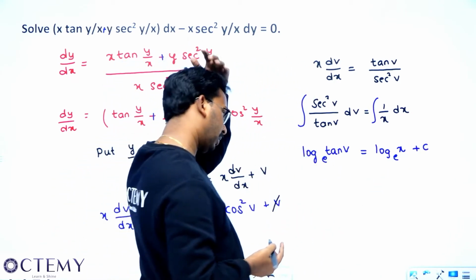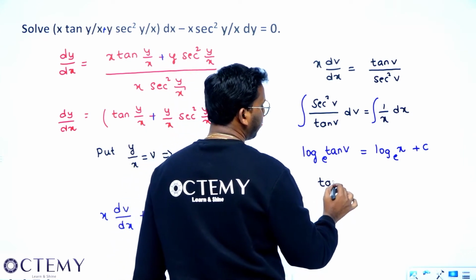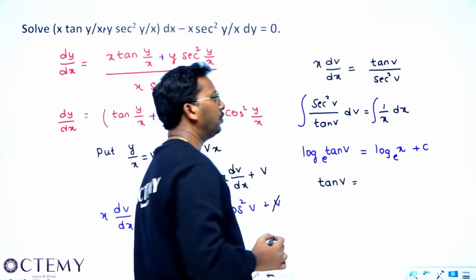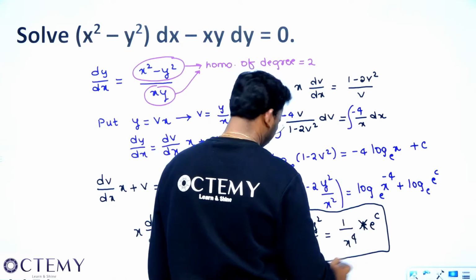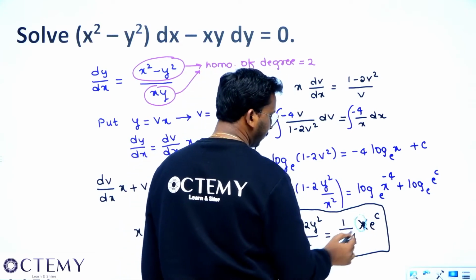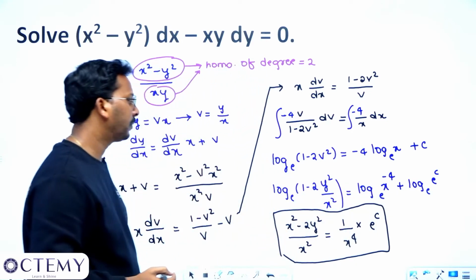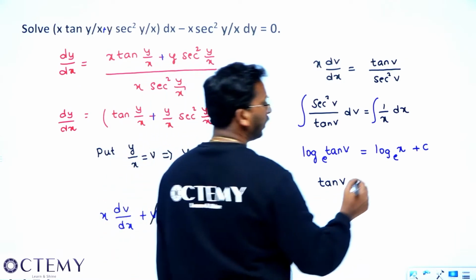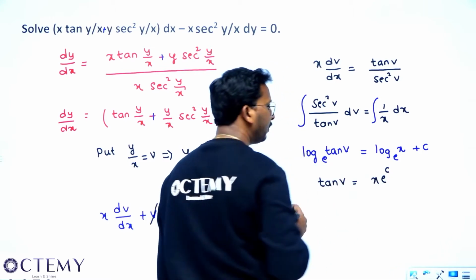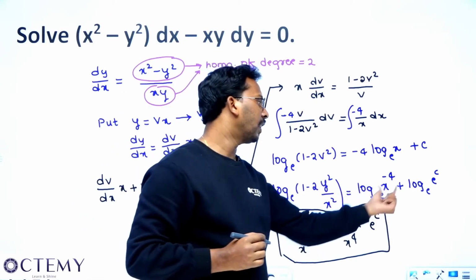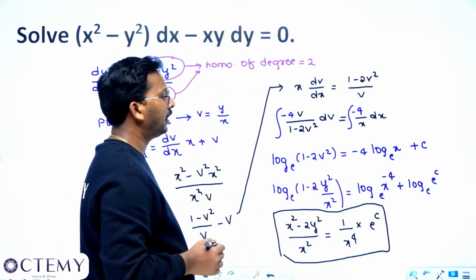So if you want to write it nicely, this will become tan v is equal to, actually this will become multiplication, sir, because it will get multiplied. So you can write it as e power c, so it will become x into e power c. Same step we did here, right? Whenever log a plus log b is there, it will become log ab, then e power you can remove, and this is what it will become.